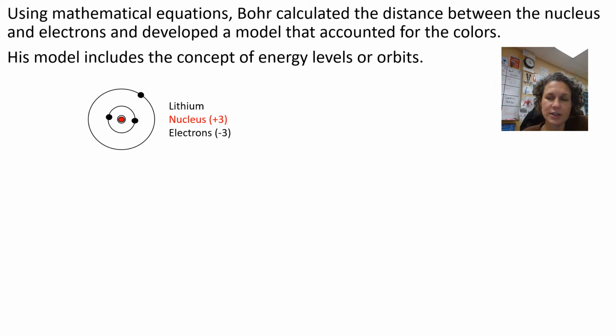It's the little red dot. It has a +3 charge because it has 3 protons. And then in a neutral atom, those protons would be canceled out by negative electrons. So there would be 3 electrons also. This sometimes is called the solar system model because of its similar appearance. But it took away from Rutherford's model the randomness of the electrons.